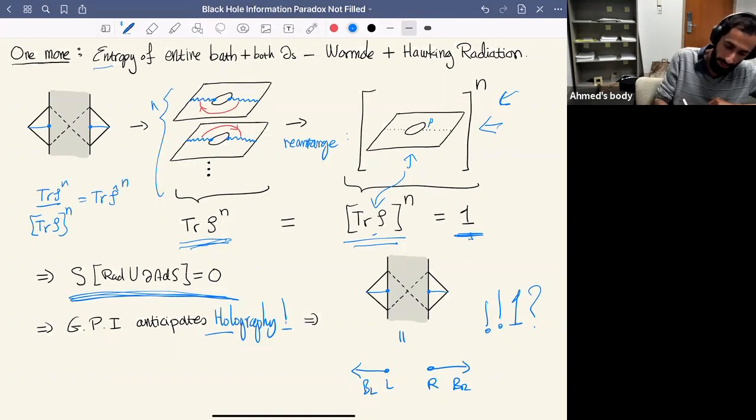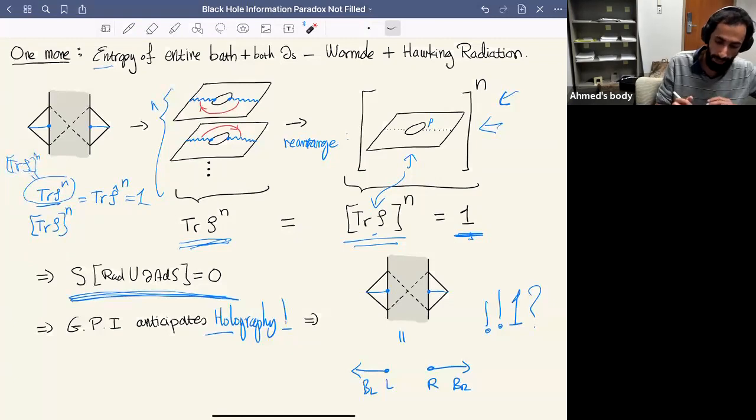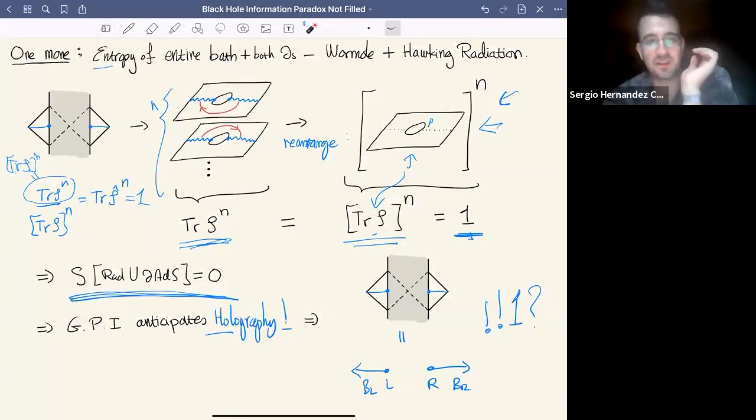And what this calculation is telling you is that this quantity here is equal to trace rho all to the n, and so this is literally equal to 1. This is independent of how you choose to evaluate this side of the equation. There could be wormholes connecting this to itself and this to its bottom and the bottom to itself and so on and so forth, but everything has to conspire to give you 1 at the very end. I hope that was clear. Okay, good. So basically you have to be careful with the normalization of your path integral. Okay. Yes. Thanks.